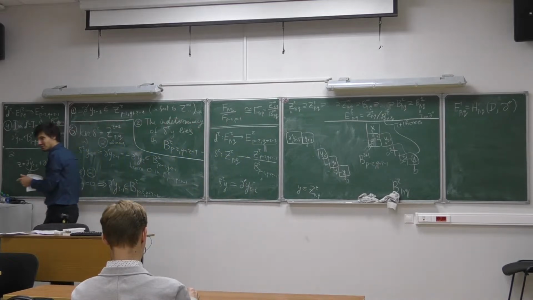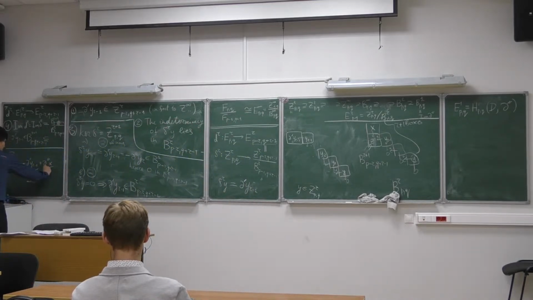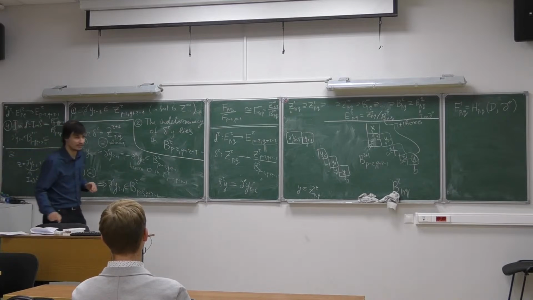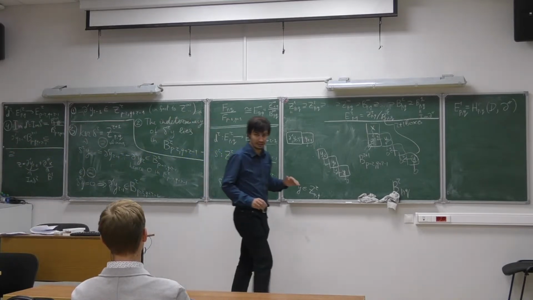So it is actually 0 in the group we are interested in. So we see that Z itself belongs to the image. That's all. We have constructed such differentials.